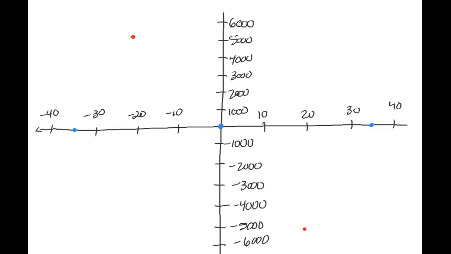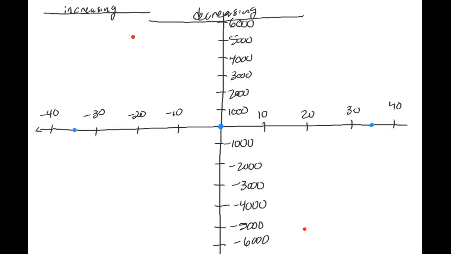What else do I know? Let's start with increasing, decreasing possibly. I know that from negative infinity to negative 20, the graph is increasing. I know from negative 20 to positive 20, the graph is decreasing.